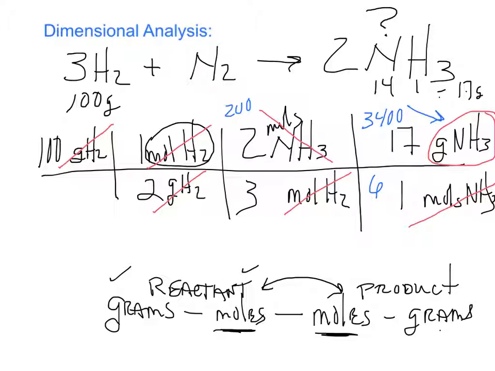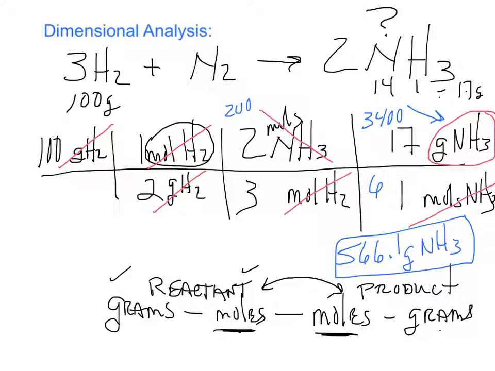Now I have to divide that by 6. So if I take 3,400 and divide that by 6, I'm going to end up with somewhere around 566.1 grams of ammonia is what I can make from 100 grams of hydrogen gas.